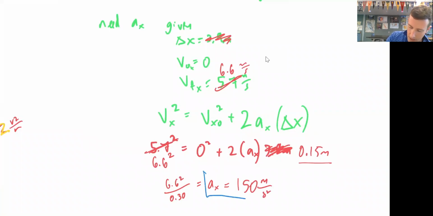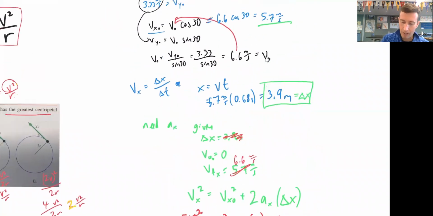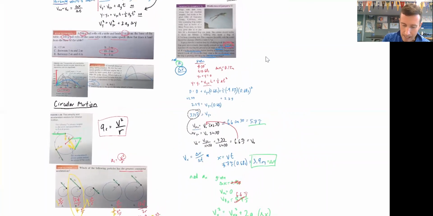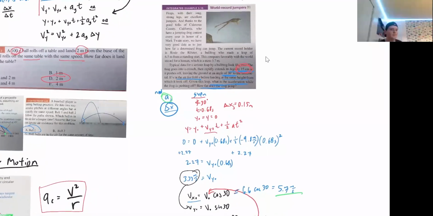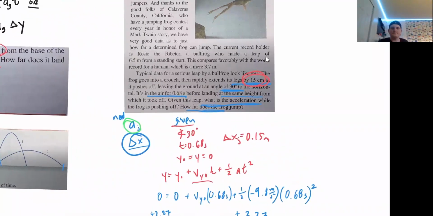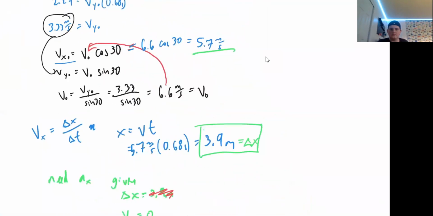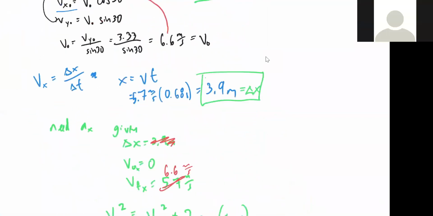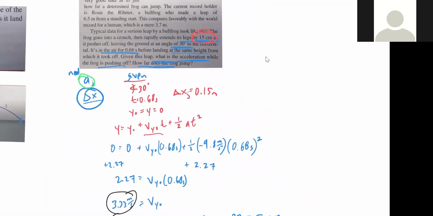All right, I finally got there. Let me just go back and double check what I was being asked to do. I was being asked, what is the acceleration while the frog is pushing off? I got that at 150 meters per second squared. And then the second piece is how far does the frog jump?